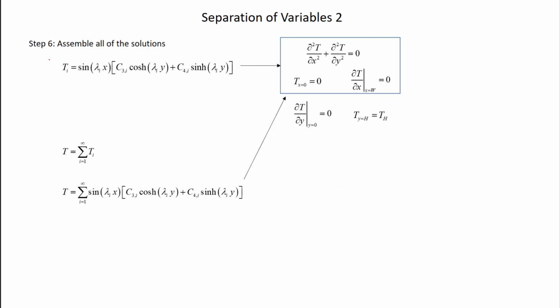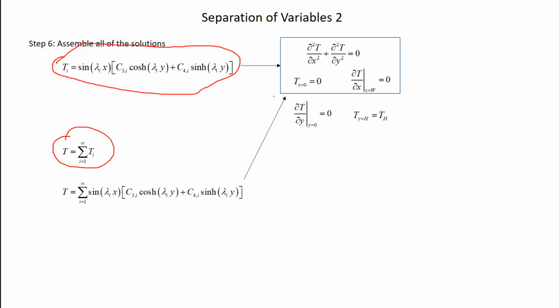The next step is to assemble all of our solutions. We have an infinite number of these solutions, one for every eigenvalue. We said that every one of these solutions does these top three things, so we can sum them all together and get a solution. Because our problem is linear and homogeneous, at least this part of the problem, the sum will also do these three things.